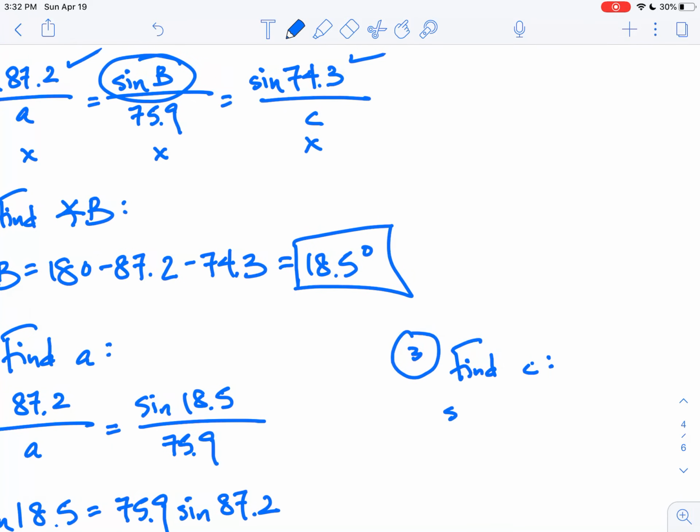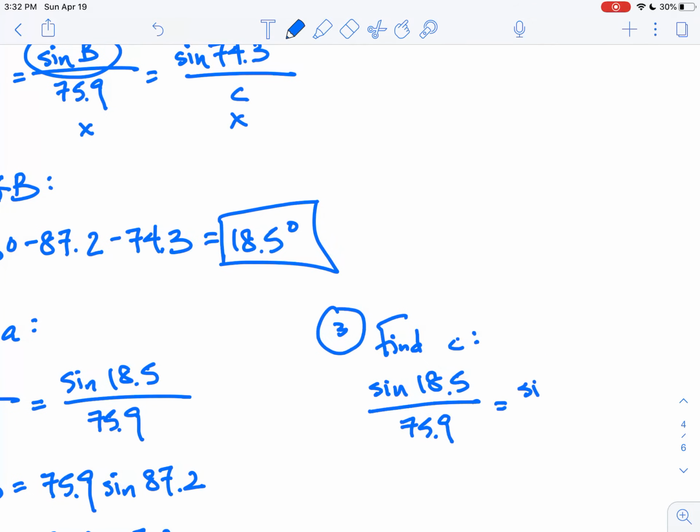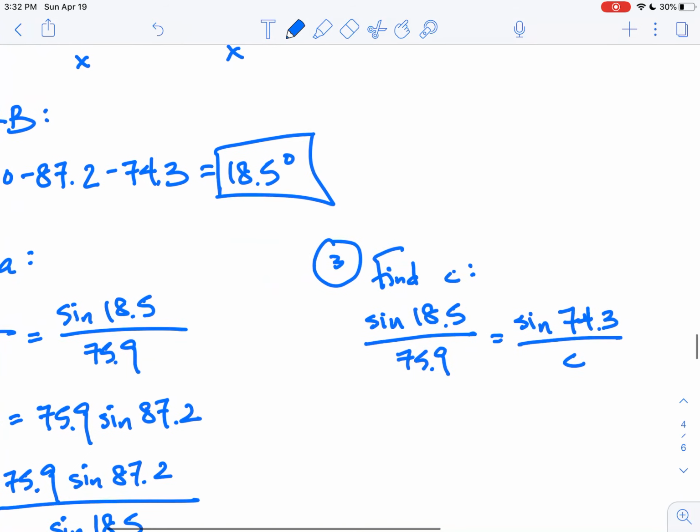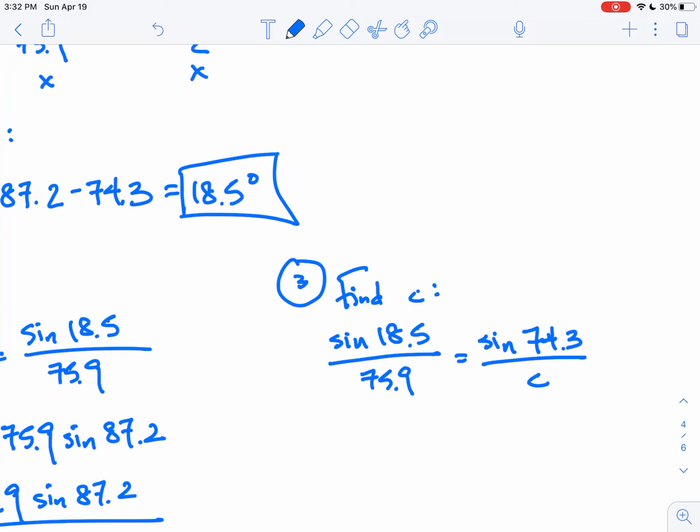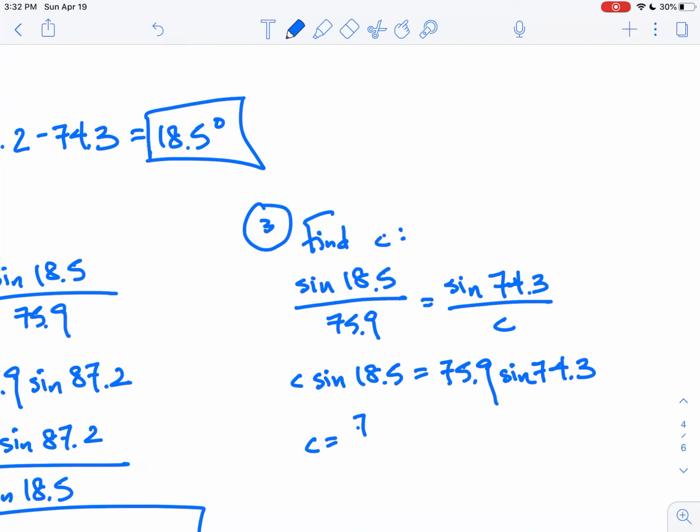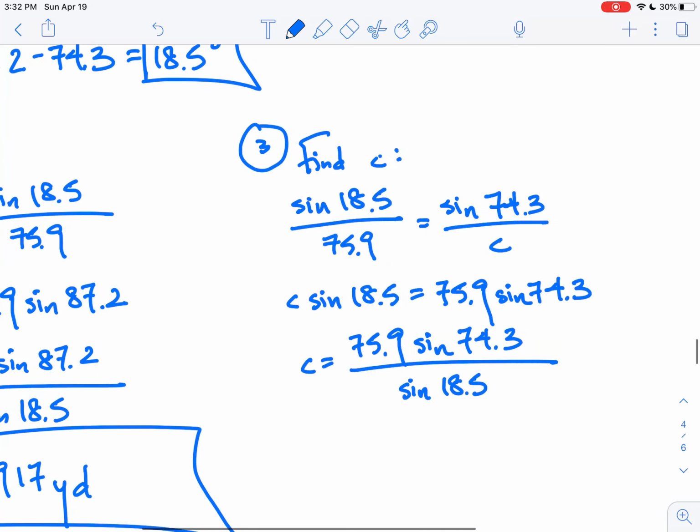So I'm going to start off the same way where I use my angle B, which is my full pair, and set it equal to sine of 74.3 over little c. Okay? And pretty much we're going to do the same process. So I'm going to cross multiply, and I'm going to divide, and I'm going to put it into the calculator.